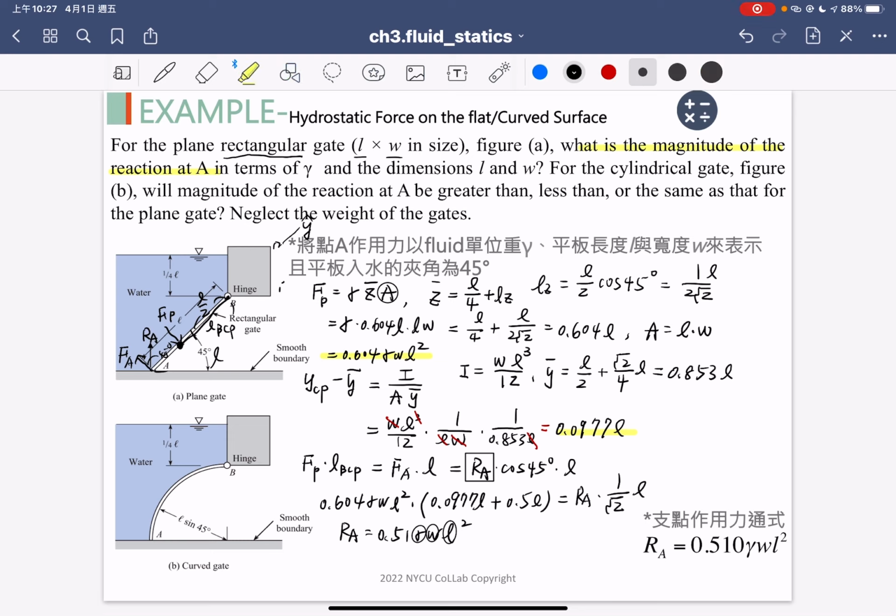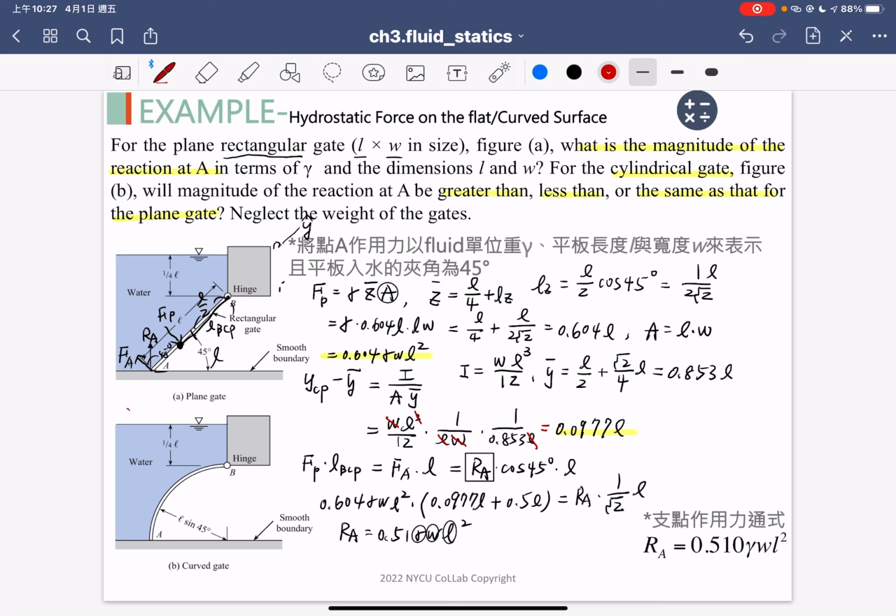So the second question is in here. For the curvature gate, the figure B, will the magnitude of the reaction A be greater than, less than, or the same as that for the planar gate? For this question, we don't need to compute again, so I just highlight the answer.